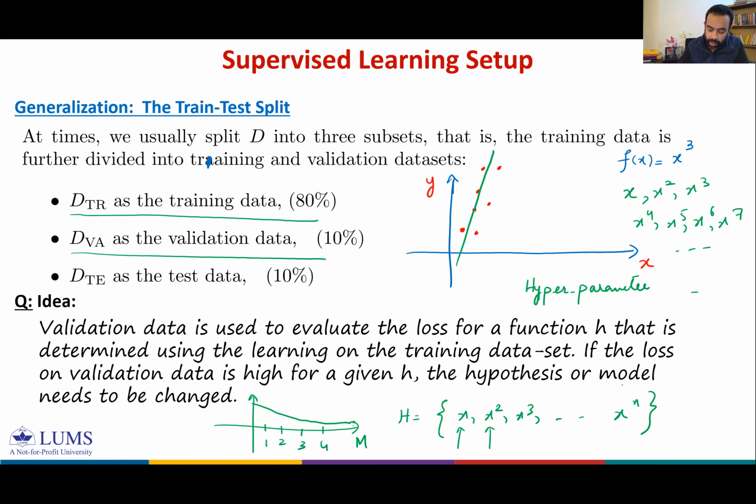For example, if you use X7 polynomial would fit something like this. बिल्कुल उसको डेटा पॉइंट्स को फिट कर जाएगा, right? Overfitting हो जाएगी. But validation data, which has not been seen by model in the learning process, on validation data, the loss would be something like this. वो 3 तक decrease करेगा और फिर increase करना शुरू कर देगा. Then you can say that 3 is the optimal order of polynomial for this example.